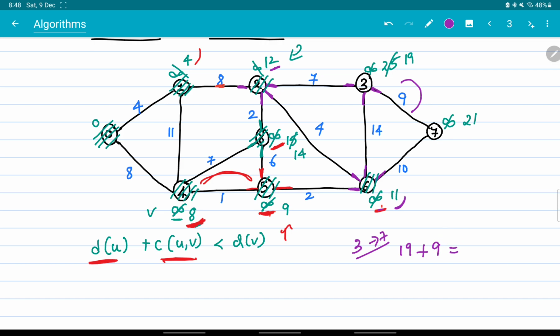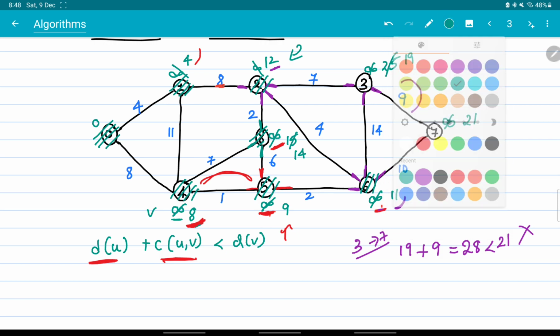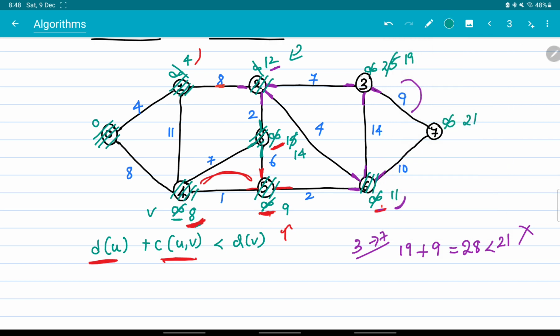What is 19 plus 9? 28. Now what is the distance of 7? Distance of 7 is 21. So is 28 less than 21? No, it's not less than 21. We will not update the value of 7. So now that we have checked all the vertices, 3 is now my visited vertex, and what is the leftover vertex? 7.